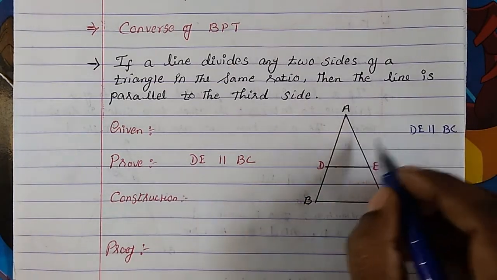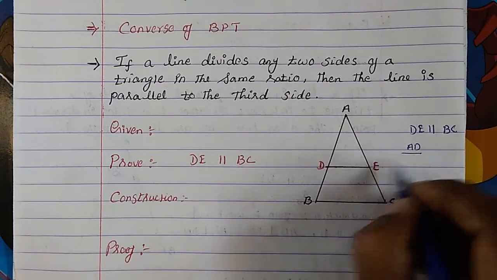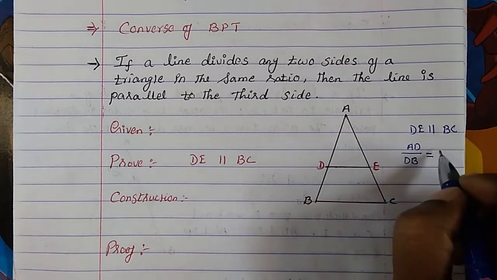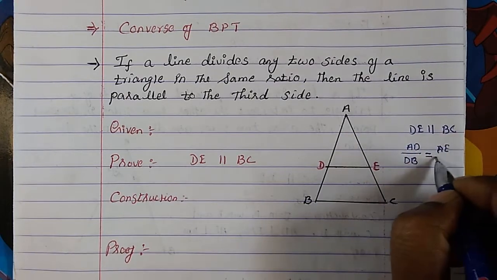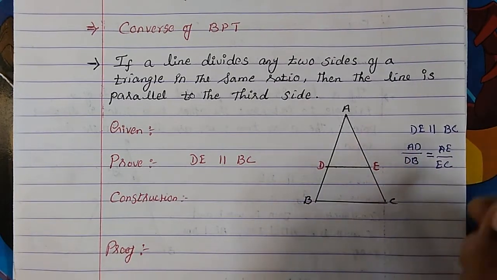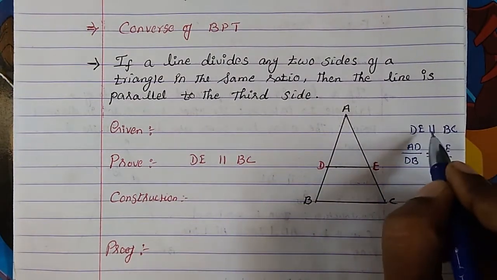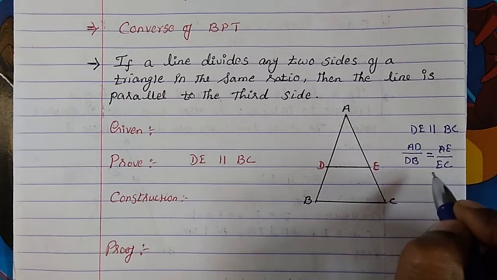What we have to prove is AD upon DB is equal to AE upon EC. So this is given in the BPT theorem.